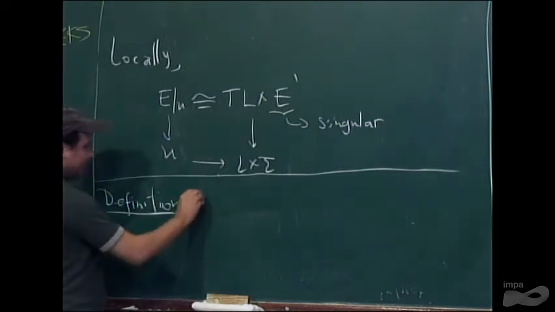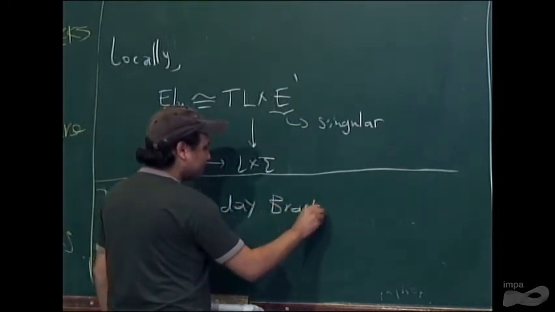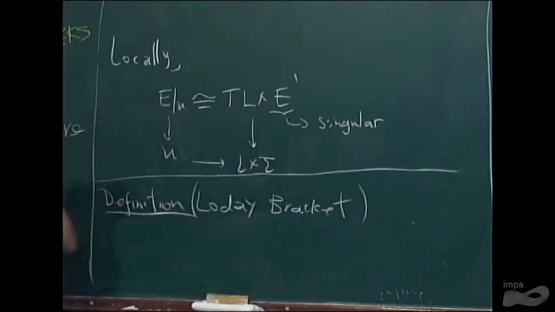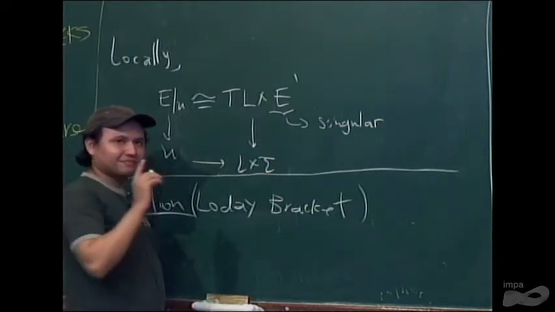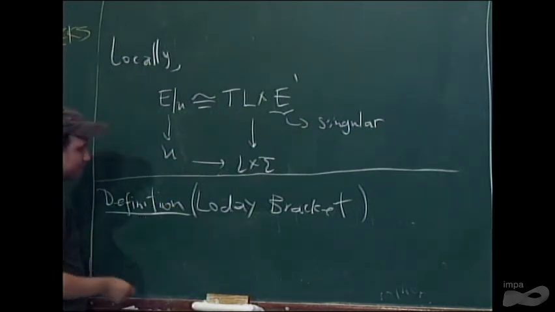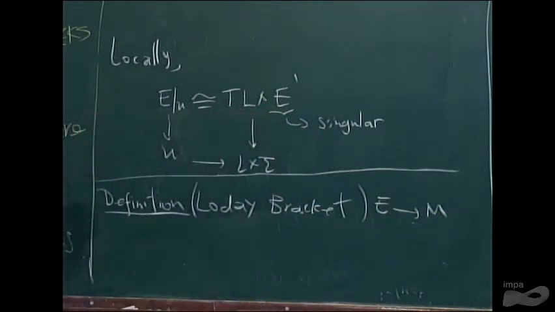It is the definition of a Loday bracket. A Lie algebroid is a Lie algebra structure on the space of sections of some bundle. So here is something analogous, but instead of a Lie algebra, we have a Loday algebra, or Leibniz algebra.